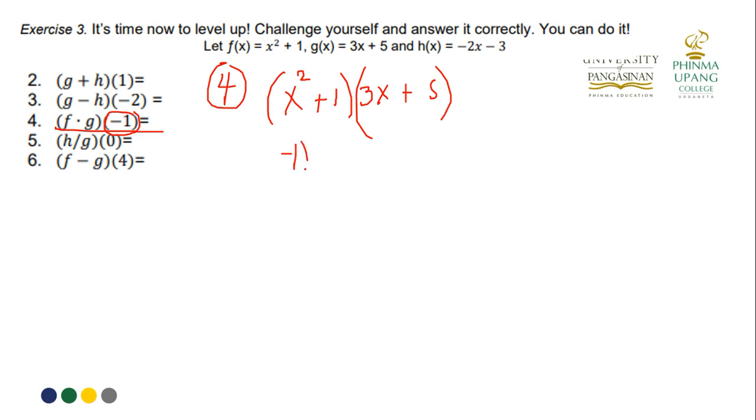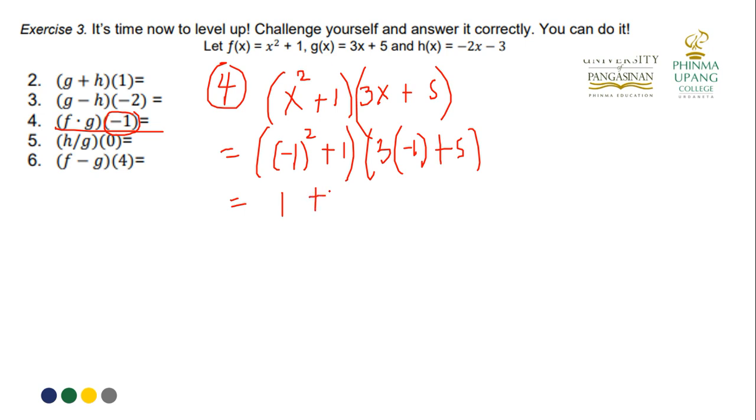Or depende kung anong sanay ninyo, pwedeng distribute, yung FOIL method. x squared plus 1, tapos 3, negative 1 plus 5. So, as you can see po, negative 1 squared is 1. Then, plus 1 yung ating first quantity. And then, 3 times negative 1.